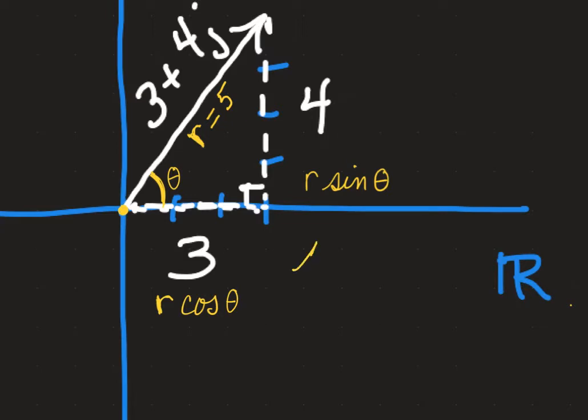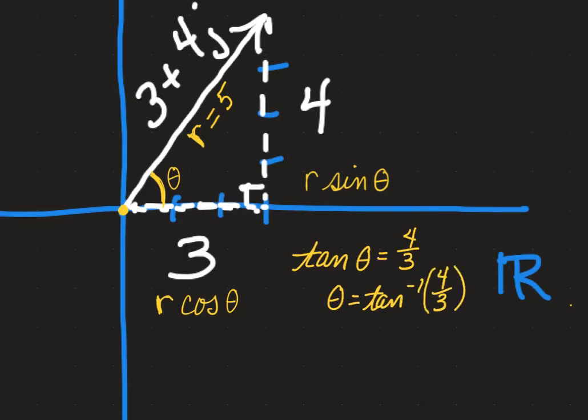We can take the tangent of theta to be 4 divided by 3, right? But we're trying to find theta. Let's take the inverse tangent of both sides. When I punch that into my calculator, I get 53.1 degrees. I'm going to do this in degrees first.